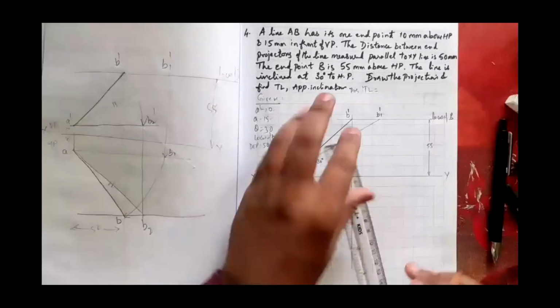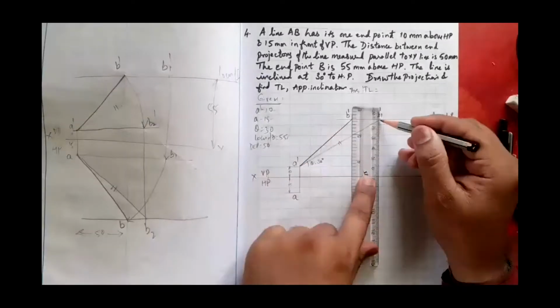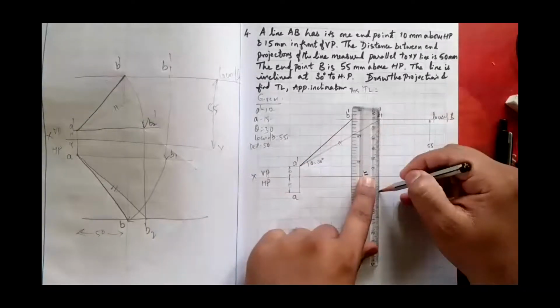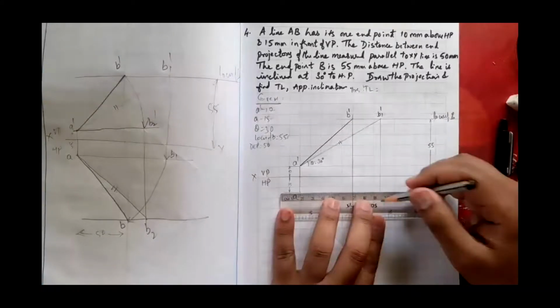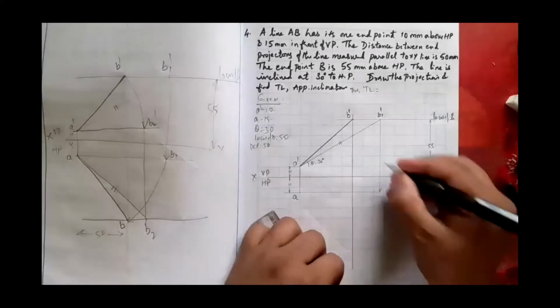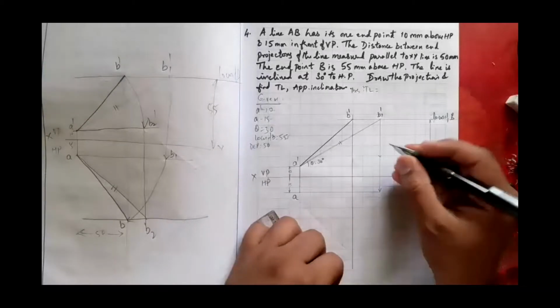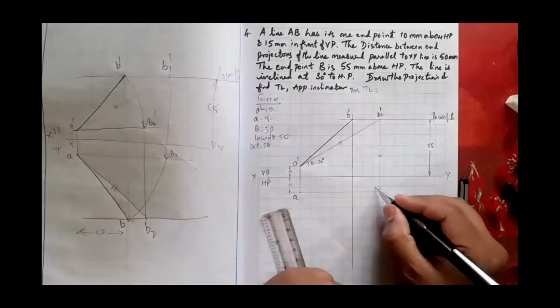B1 dash, I'm projecting it till A. Till A, I'm going to project this B1 dash. So A, B1, this true length in the vertical plane, I'm projecting it towards the horizontal plane. So this is B1. A, B1 represents the top view.